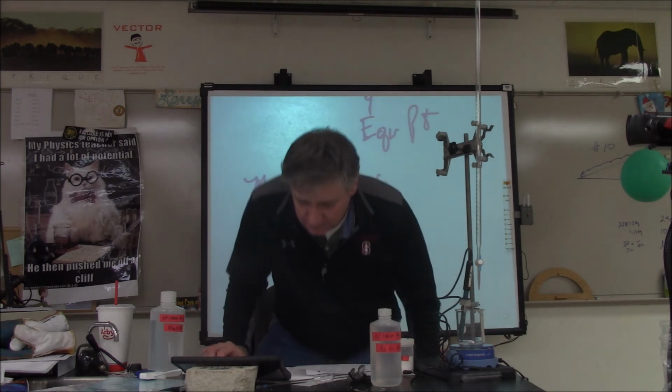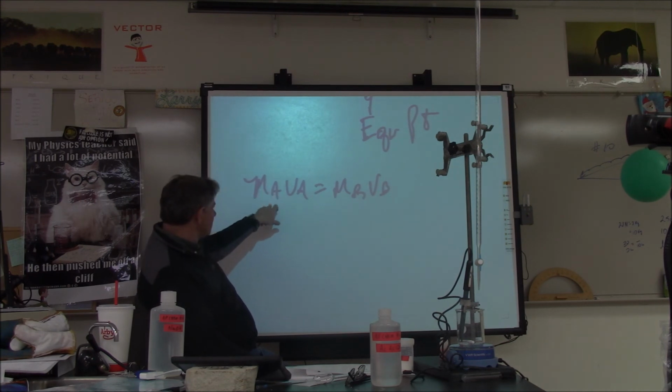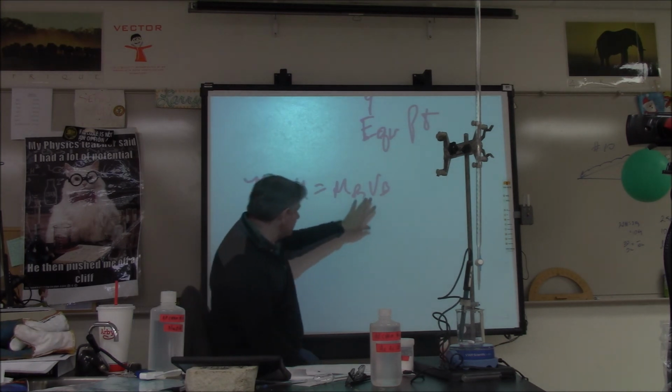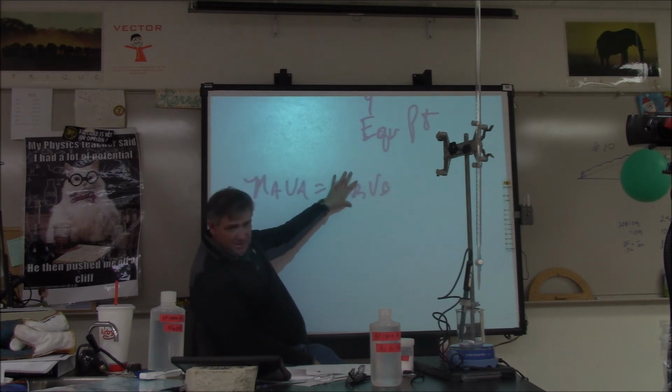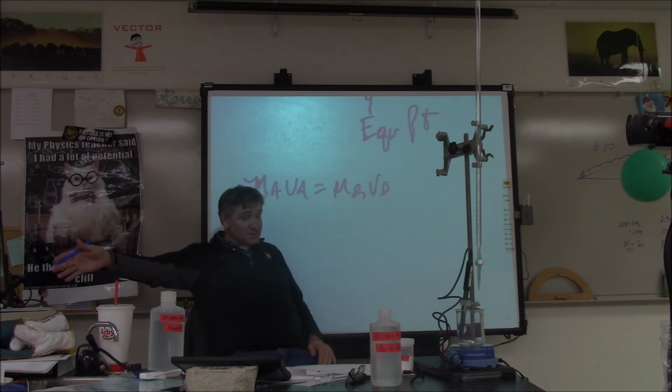So, you're going to use this equation. What you don't know is the molarity of the acid. This is going to be the molarity of the base. You don't know this number yet because you don't have the third trial, but this is just the big idea. You're going to get the molarity of the base on Friday once they do their trial.